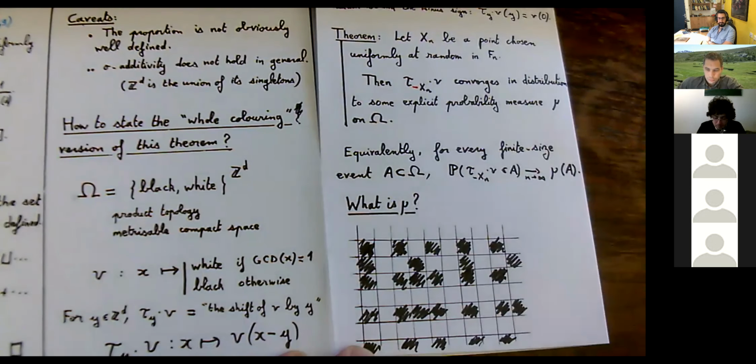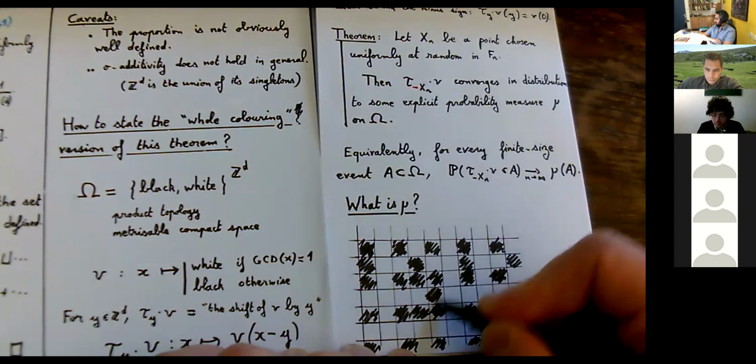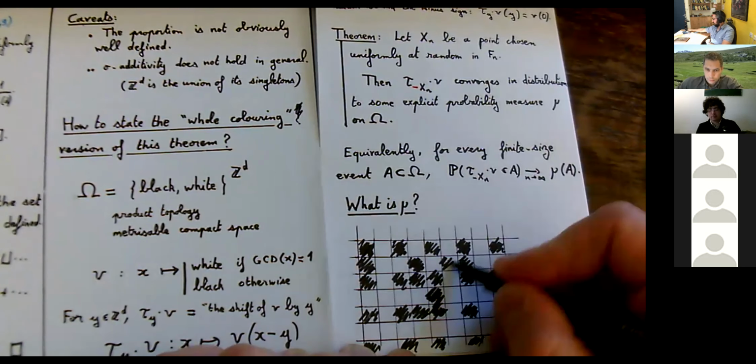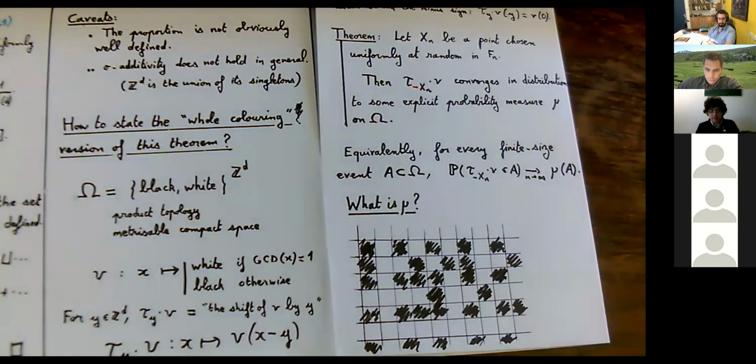Then 7, maybe 7 comes here. Then 11, maybe 13. Maybe then 17 and higher primes don't hit this box, maybe. And this is in this way that we will define mu, actually. So this was not very precise in any way. So here is a proper definition.